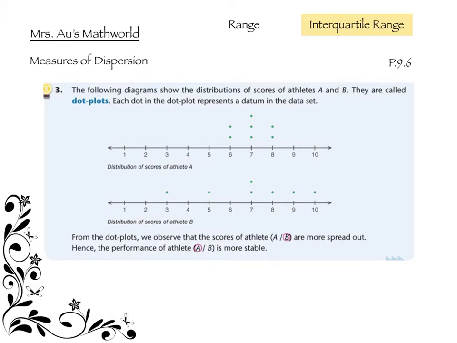Therefore, there is question 3 in the textbook. This time you can see we use some dot plots to help us. FLIP-A is less dispersed, which means more stable, because all the scores only come from 6 to 8.